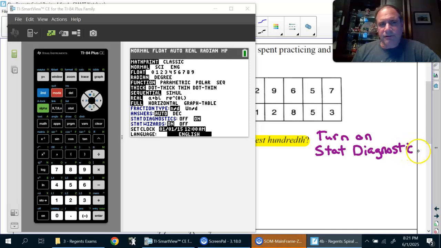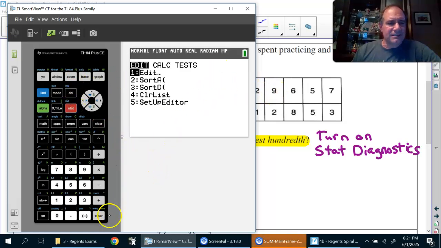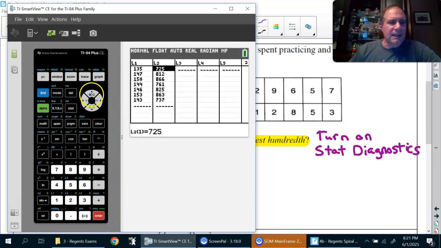We have to turn it on. If you go all the way down, you see that mine is on already. So we're going to press clear, and we're going to input this list into the stat, enter. I have 2 lists in there already, so I'm going to press clear, go up to L2, and then go up to L1 and press clear again.